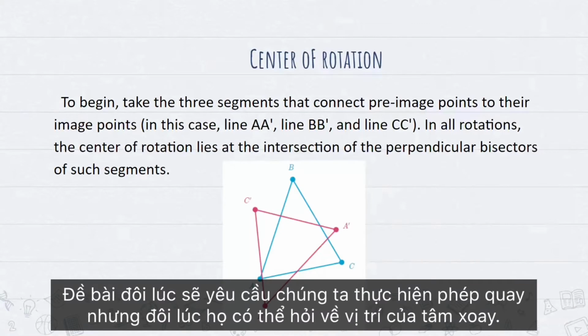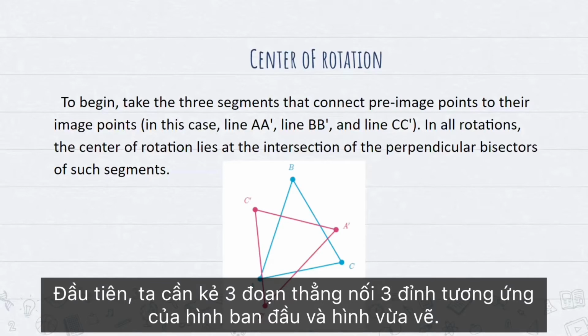Sometimes they ask us to construct the rotation, but sometimes they don't. They're going to ask us about the center of rotation. So to begin, you're going to take the three segments that connect the three object points to the image points.